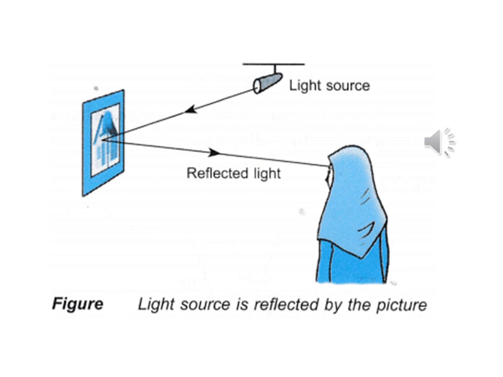Could you observe the arrow? The arrowhead is pointing towards the picture. Correct. So the light is falling on the picture, and then that light is reflected or bounced in another direction. In which direction? Yes, in the direction of the lady over there. And then she is able to observe it through her eyes.